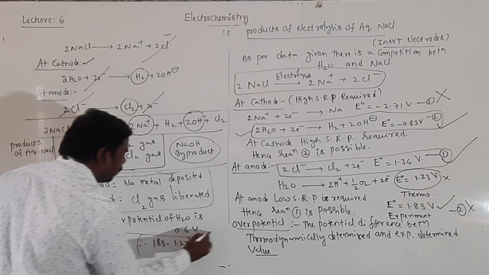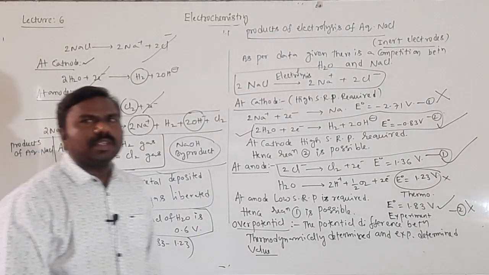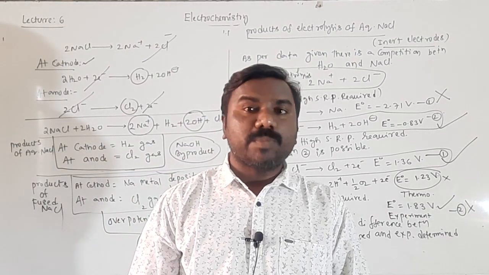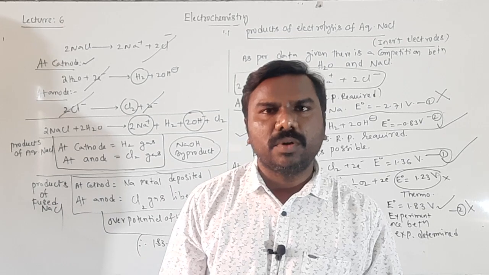That's why we are getting 0.6 volts. Which one do we need to consider always, students? The experimentally determined value. Okay, right.